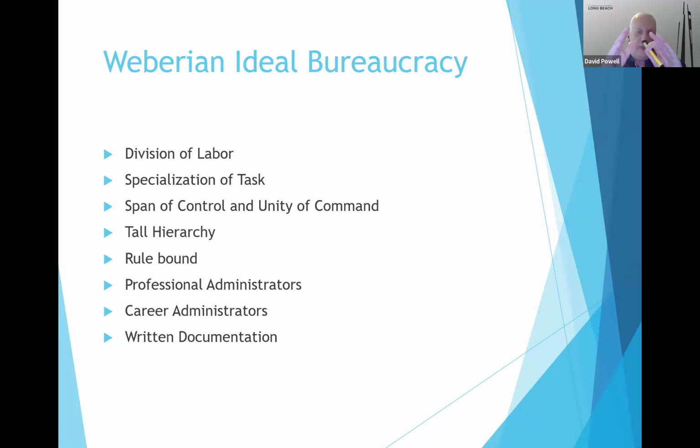In terms of the structure of the organization itself, it is a tall hierarchy. So we have one singular individual at the top. We have a secretary or a director or whatever the term may be at the top of that organization. Then as you go down the organization chart, you encounter more and more positions.